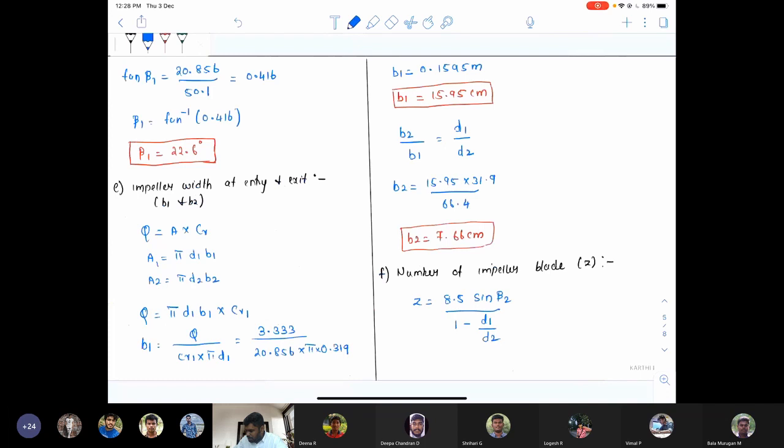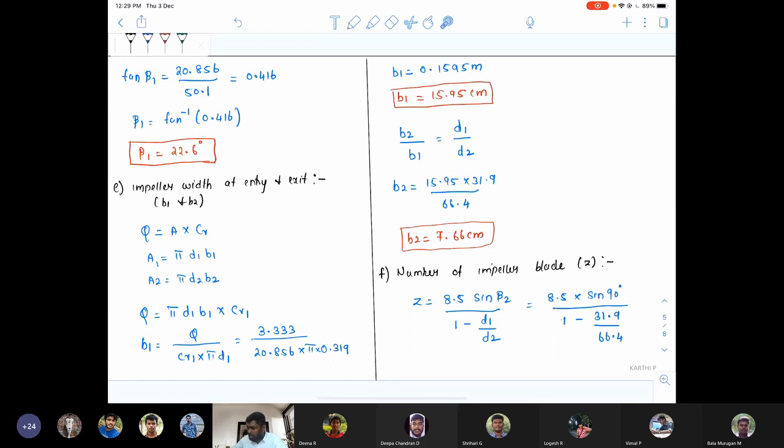Therefore, on substituting in this equation, you will be getting 8.5 into sine 90 degree divided by 1 minus, the value of d1 and d2 is 31.9 divided by 66.4. Okay, sine 90 is equal to 1.